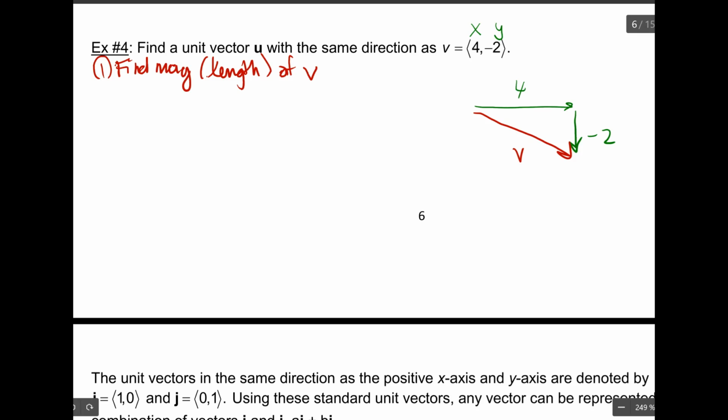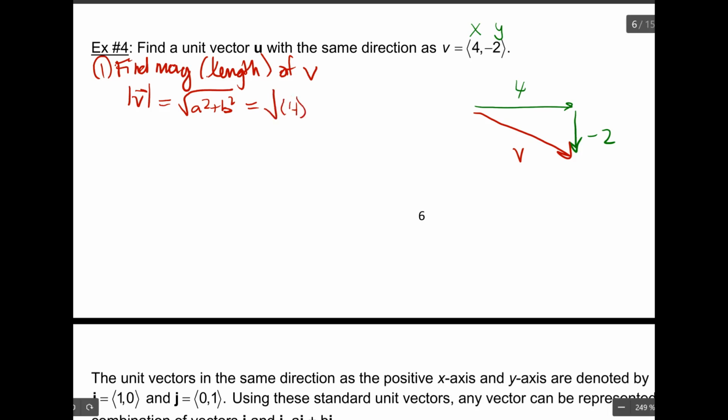How do I find the length of this? Someone already said it: Pythagorean, more or less. So the absolute value of our vector, the magnitude, the length, is going to be the square root of a squared plus b squared.